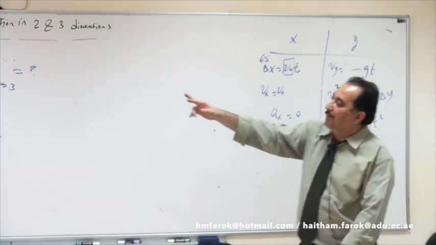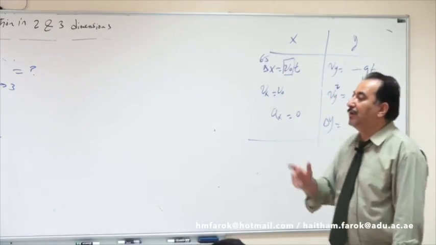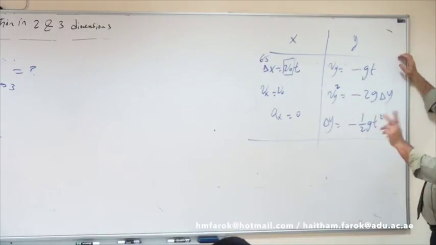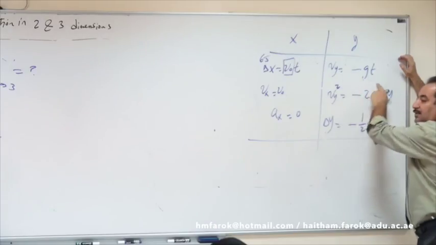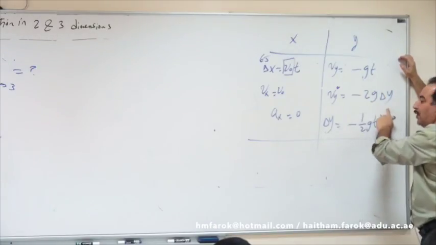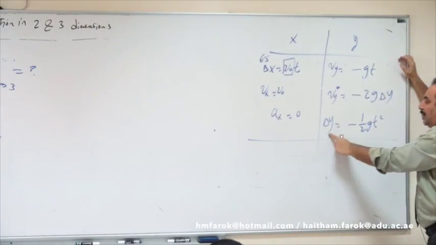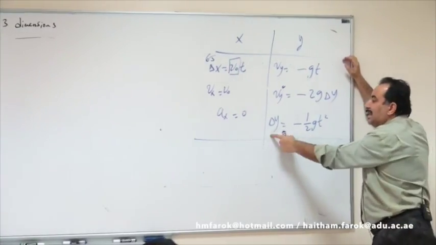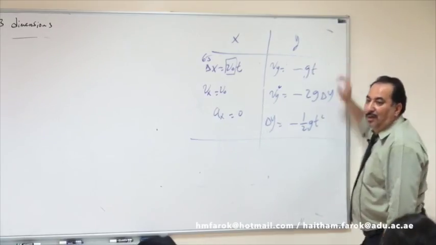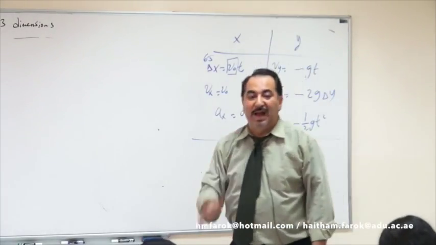Now, between 1 and 2, vertically, what do you know? You need delta y. But you need time, remember. So, is this equation useful? No, because this one? No, this one. Delta y. How much is the delta y? Minus 100.